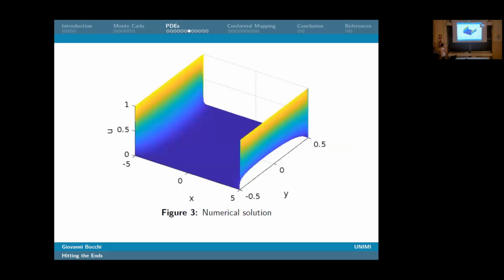So here there is a plot of the numerical solution. As you see, it's a function that decays very rapidly to 0, respecting the constraint of being 1 on the ends. We need to pay a little bit of attention, because clearly these boundary values are not continuous on the boundary.